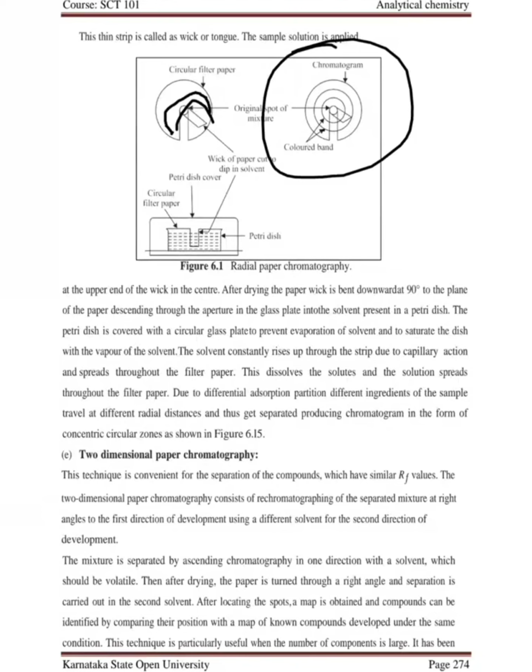For each compound, different diameters, different radials, are formed. These different circumferences are nothing but the different bands formed in circular paper chromatography. This is one more technique which is used for the separation of the given mixture.